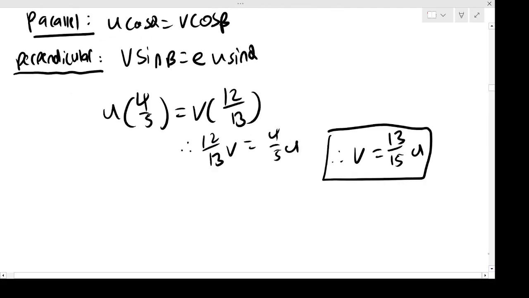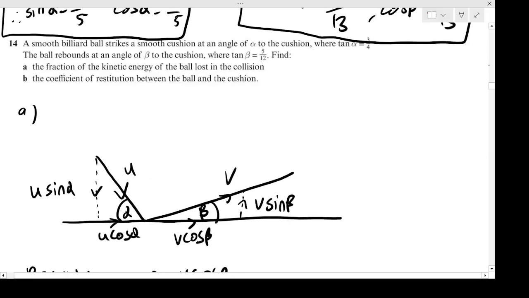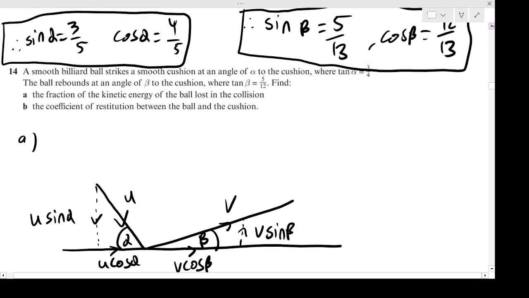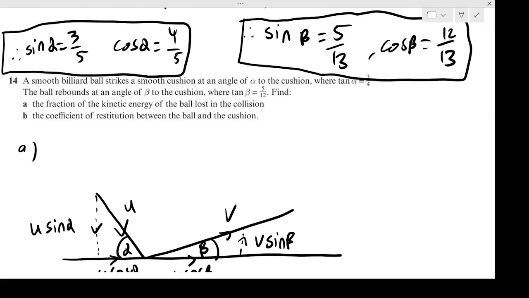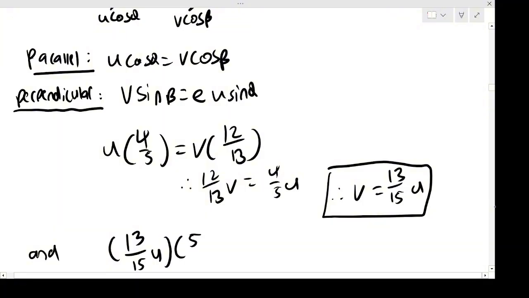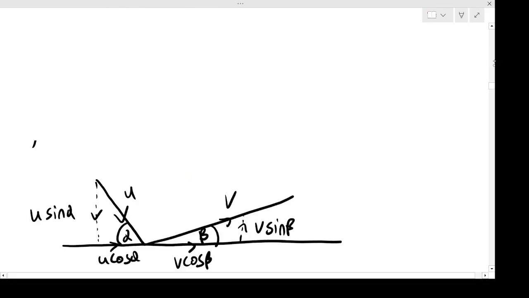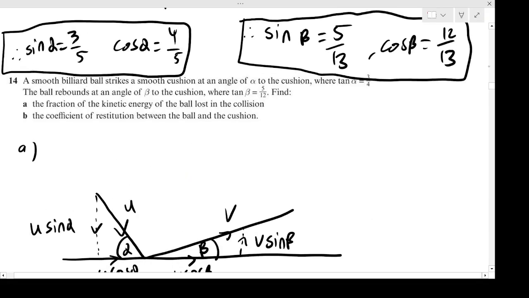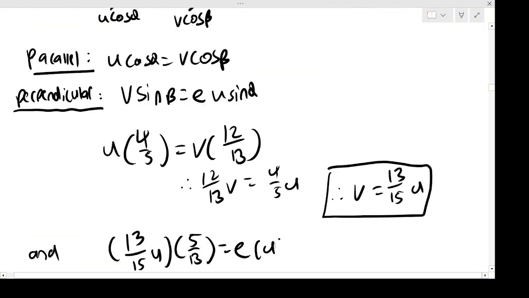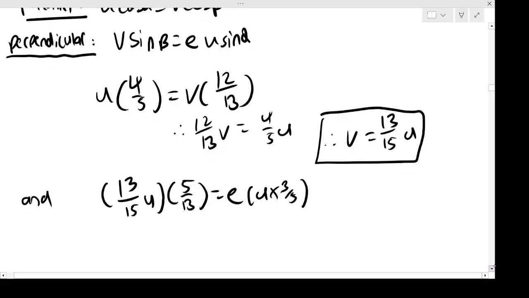I can also then do the same for the second equation. So now v, which is now 13/15 u, and then sine beta. Now sine beta is 5/13, right? That's going to equal e lots of u sine alpha. Now sine alpha again is 3/5. So we can solve for e here.